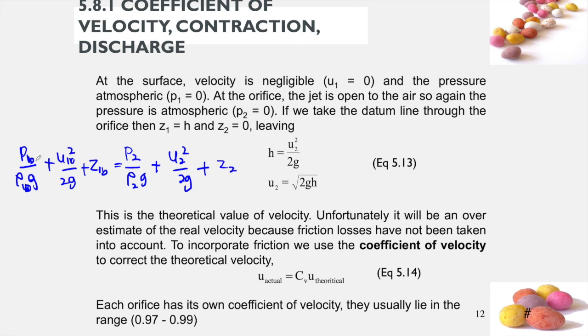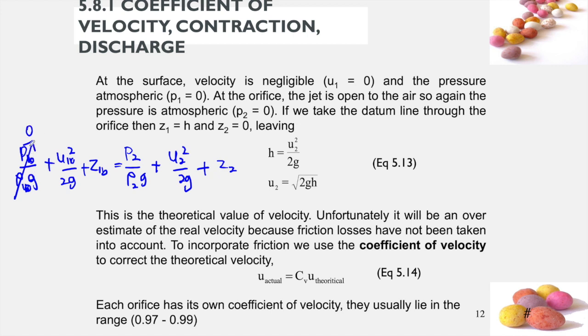So we take a look at the terms in this equation one by one. Let's take a look at the pressure energy. We have pressure at 1B and pressure at 2. Pressure at 1B is atmospheric pressure. Therefore, we can neglect this. Since we are dealing with pressure head, we are not considering atmospheric pressure in our calculation.